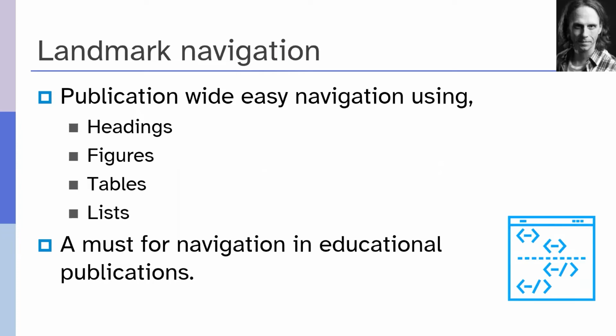In order to be able to effectively traverse through these and find your way when you use a screen reader, it's really important that you can display these in some kind of UI so that the reader can easily jump to a very specific heading, for example, or go to a very specific figure or whatnot in the UI, so that you make it as easy as possible for the user to find their place in the book.